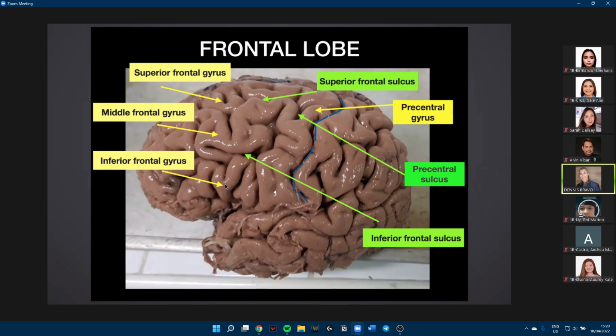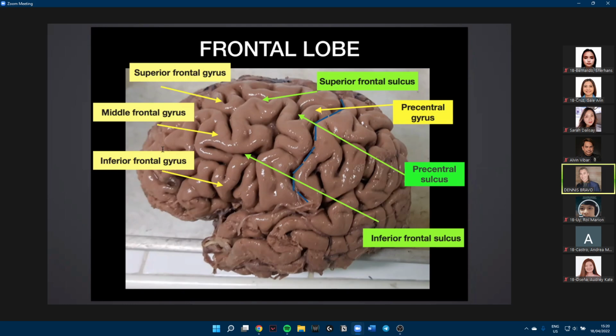Okay, so far, what are the gyri that we have seen that are located on the frontal lobe? The first one we mentioned earlier is the precentral gyrus, located anterior to the central sulcus of Rolando. This precentral gyrus is separated from the rest of the frontal lobe by a narrow sulcus called the precentral sulcus.